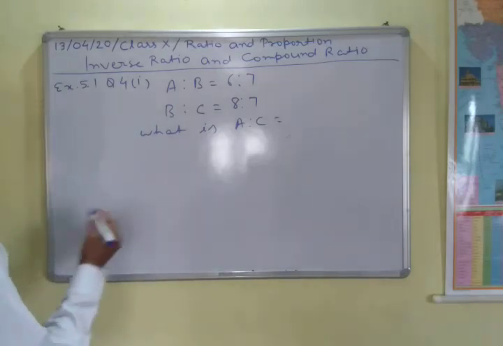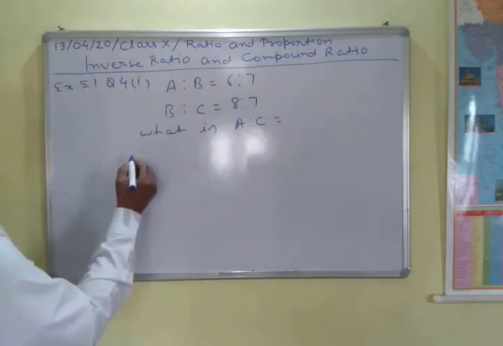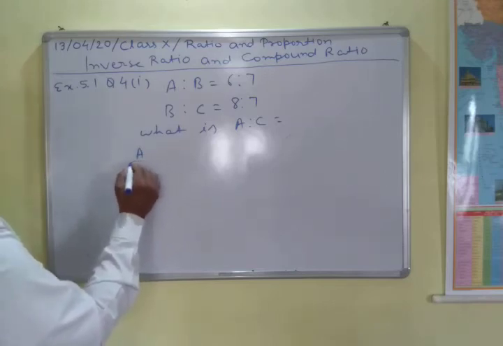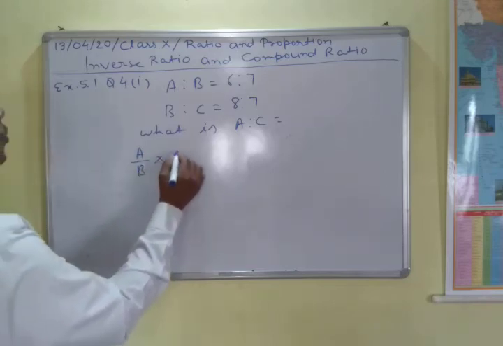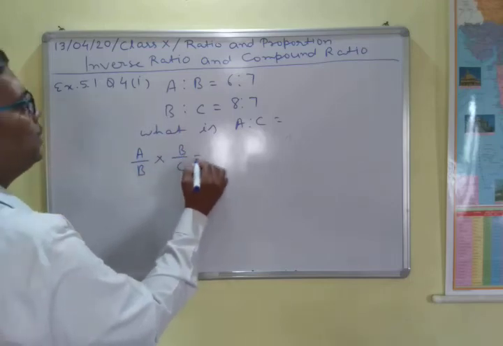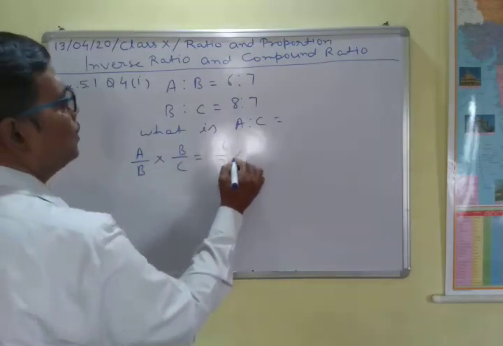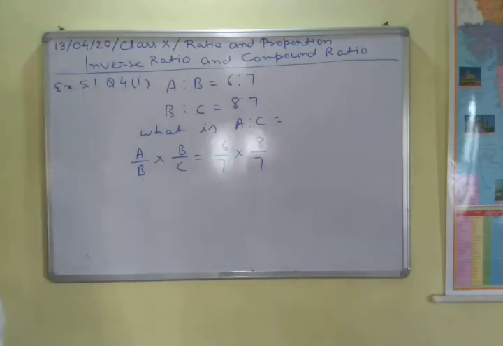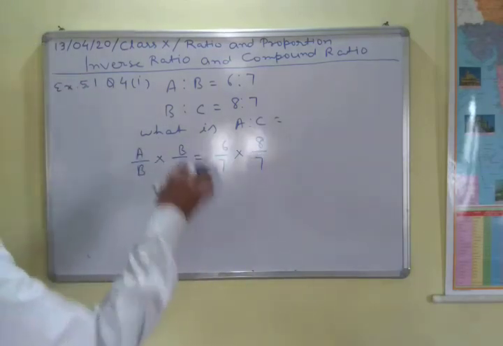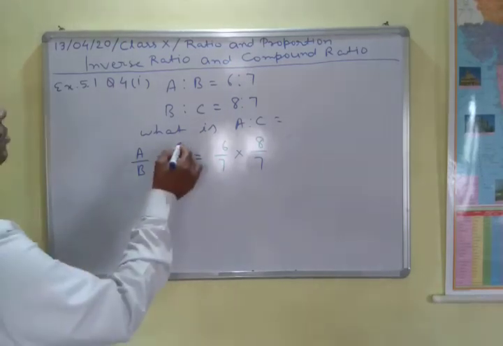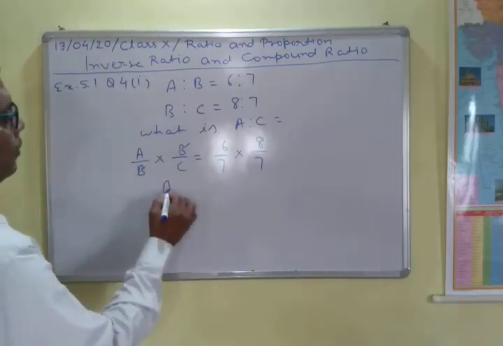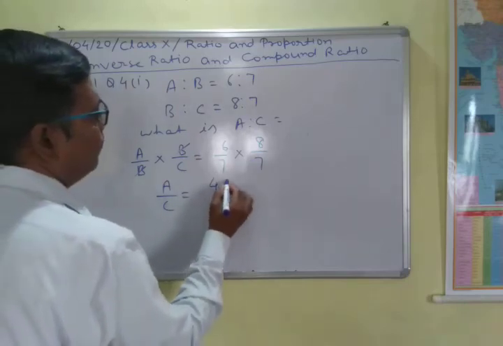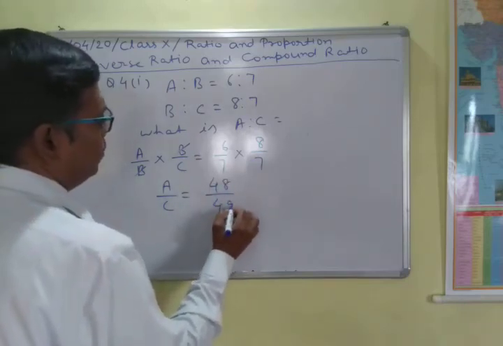In this question, it is very easy to find out. You can just see here that A by B into B by C equals 6/7 into 8/7. So this B will cut, and we have A by C. 8 sixes are 48/49.